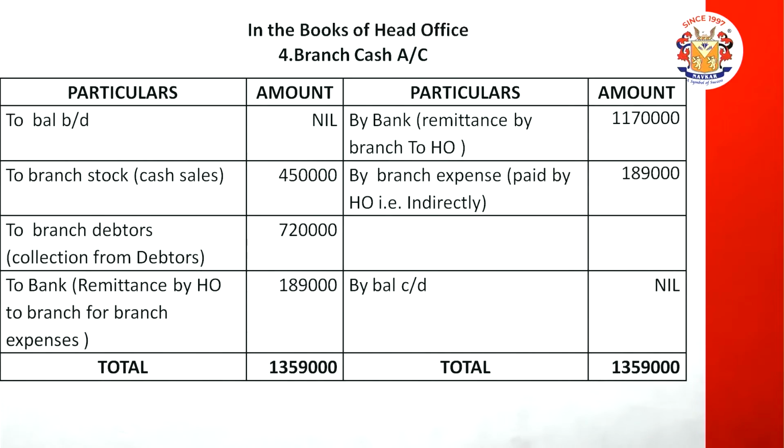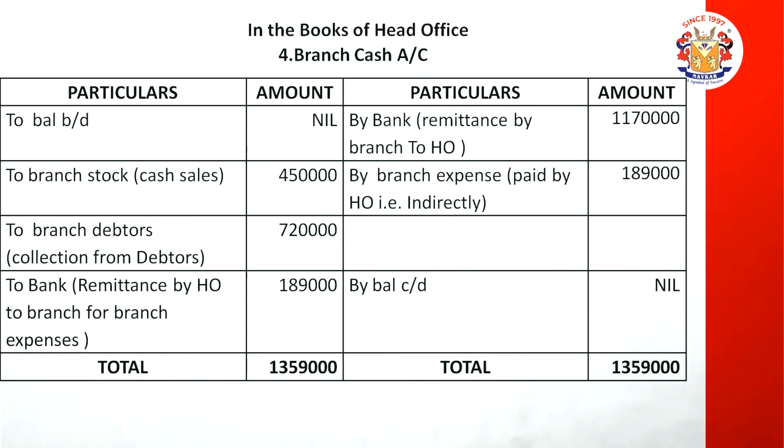The total of 4,50,000 and 7,20,000 is 11,70,000. It is given in the question that all the collections will be remitted by branch to HO, so 11,70,000 is nothing but remittance by branch to HO.